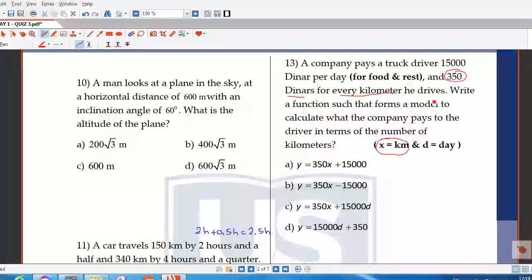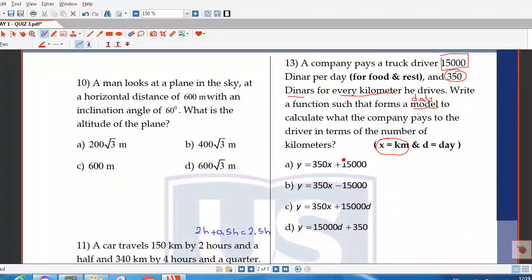350x is going to be the payment for the driver after taking x kilometers, and it is the fixed price for the daily price. Since day is not mentioned, we are going to assume this is a model for a daily payment.